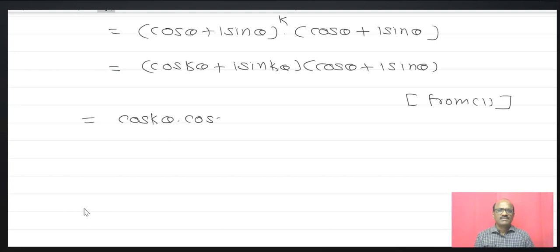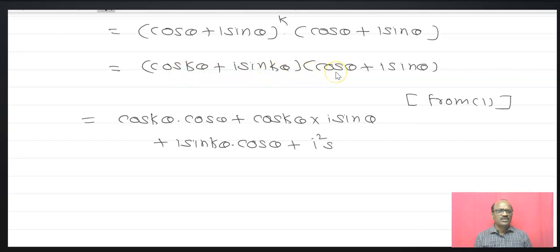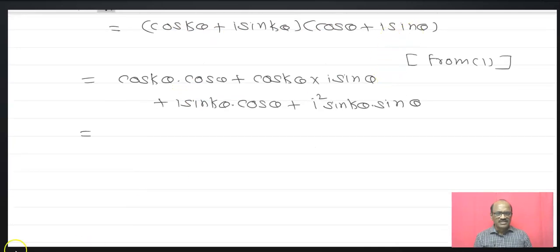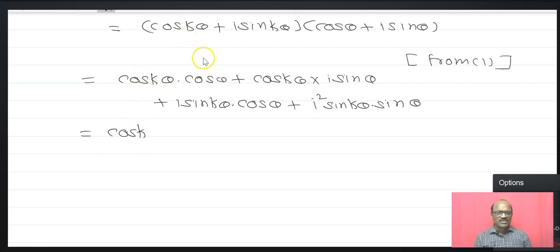Therefore, now here is a product of the terms, a multiplication of the two brackets: (cos k theta + i sin k theta) into (cos theta + i sin theta). Normal multiplication of the brackets: cos k theta into cos theta, cos k theta into i sin theta, i sin k theta into cos theta, and i sin k theta into i sin theta.